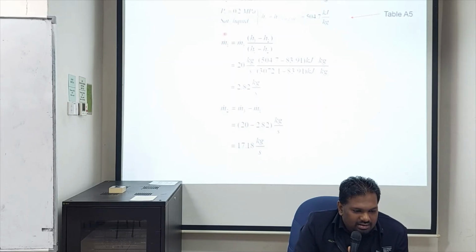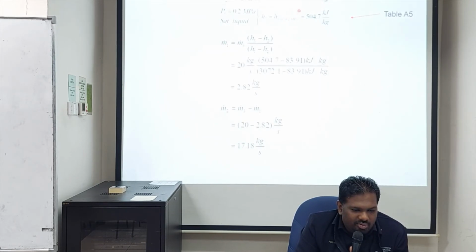Okay, and the last one, so you don't know the pressure, but you know certain values. So you know it's a 0.2. So you boleh dapat dari table A5, H3 equals to 504.7. Okay, you ambil value of Hf.